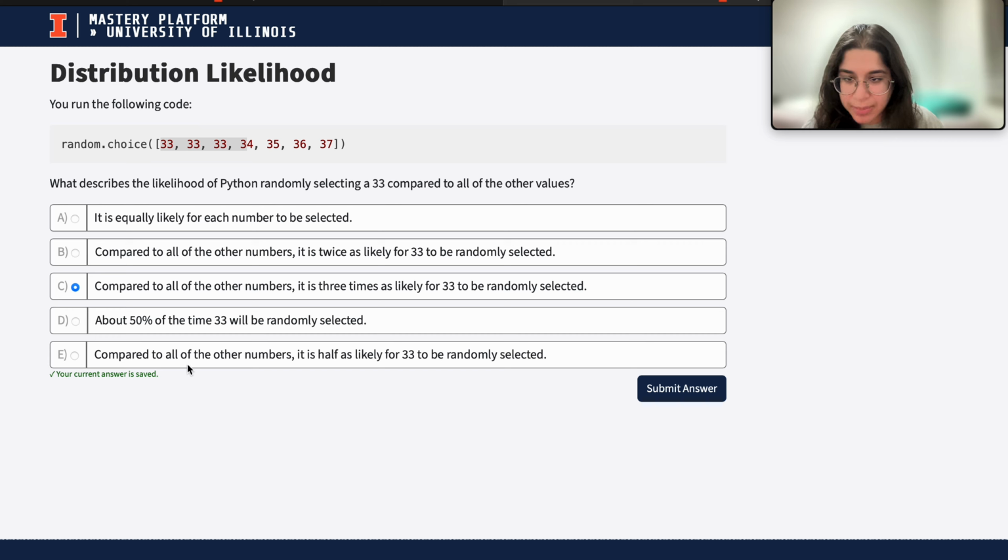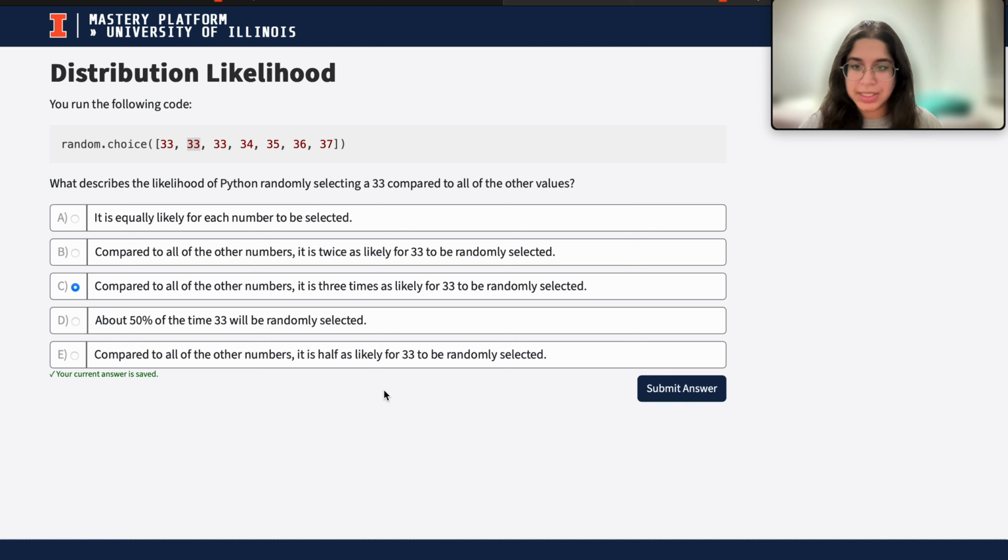And then answer choice, compared to all of the numbers, it is half as likely for 33 to be randomly selected, which would mean that if all the other numbers have a likelihood of, let's say, 2 out of 7, 33 would have to have a probability of 1 out of 7 for it to be half as likely.